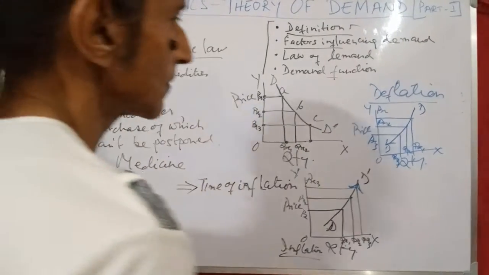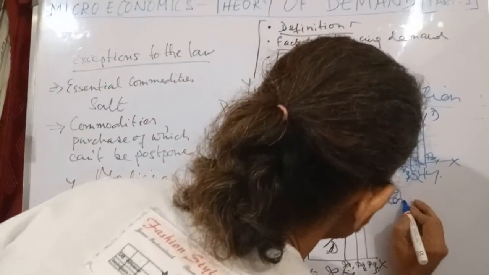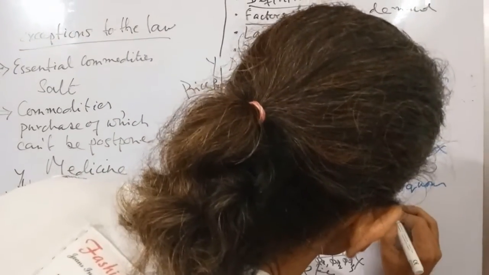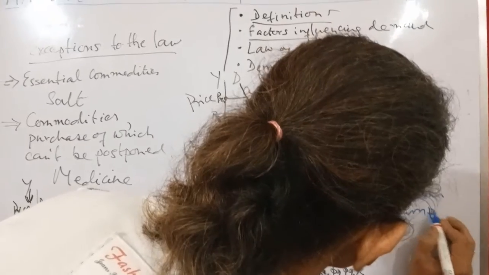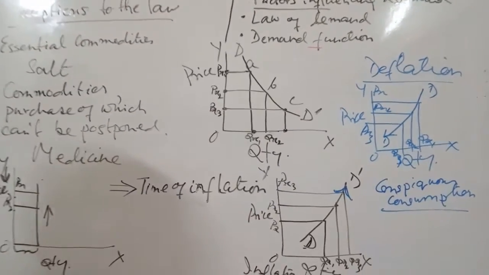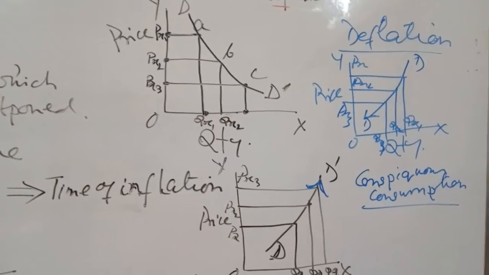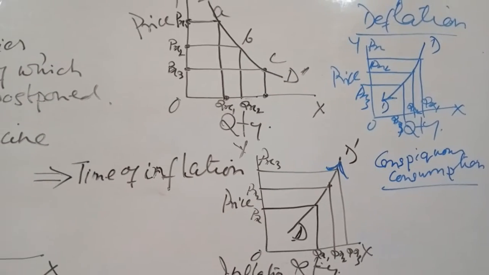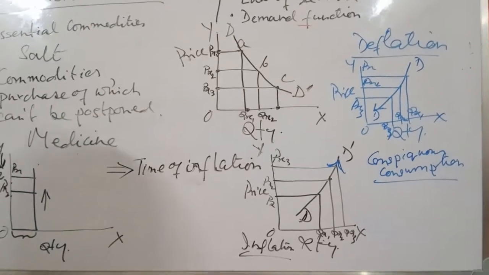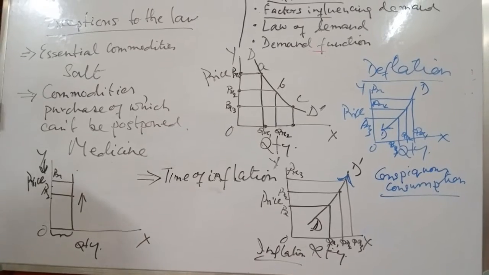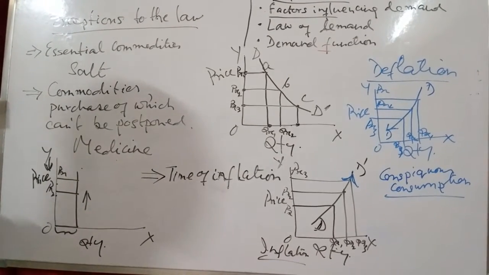Next, there is conspicuous consumption. What is conspicuous consumption? Conspicuous consumption means consuming something not for its intrinsic value, but to express their richness.